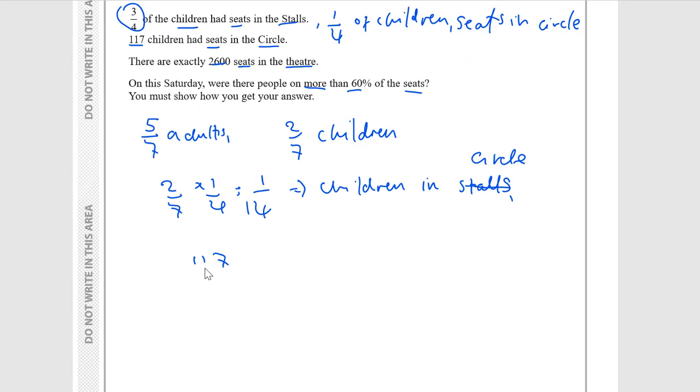So 117 equals 1 over 14 of the total. So basically 117 times 14 is the total number of people. That's 1,638 total people.